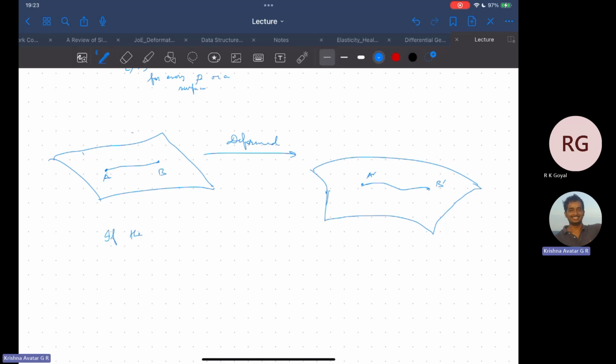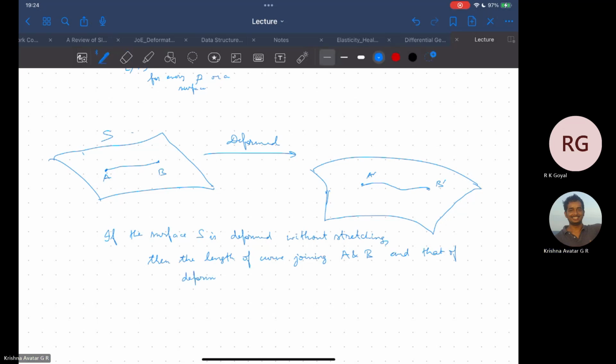So if the surface S is deformed without stretching, then the length of the curve joining A and B and that of the deformed curve joining A prime and B prime are the same.